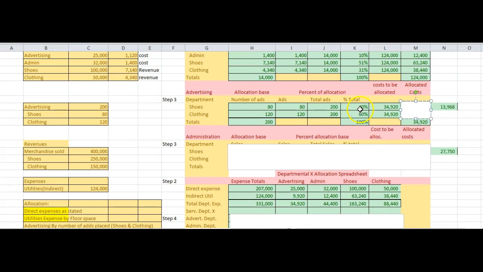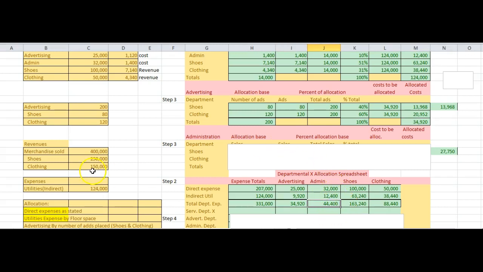I multiply those times that 40 and that 60 in both areas. And I come up with 13,968 here and 20,952 here, which adds up to 34,920. Good thing, right?